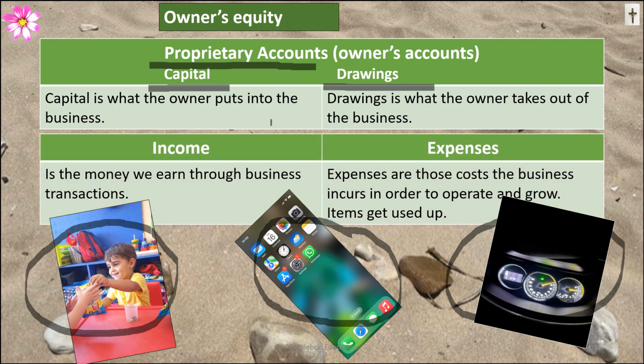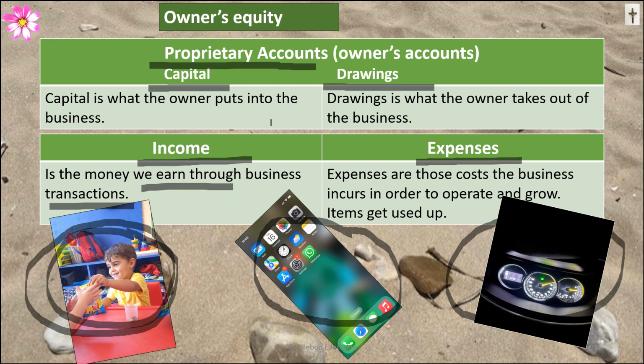And then income is the money we earn through business transactions. For example, a sale, where Caleb's making a sale. Expenses, as I mentioned earlier, things like the telephone account, vehicle maintenance, those are expenses to the business.